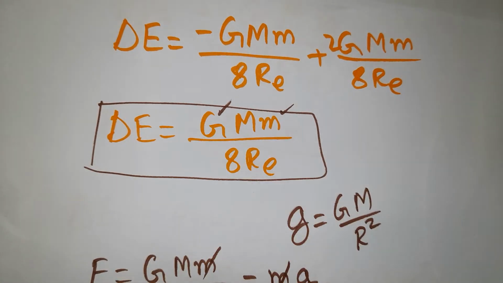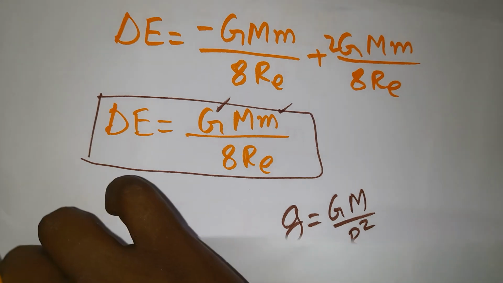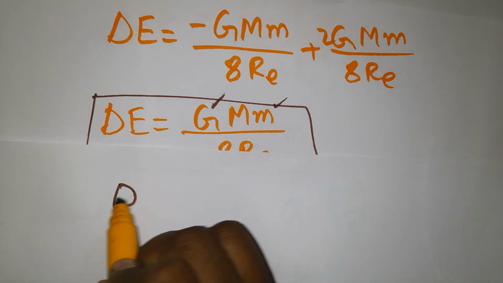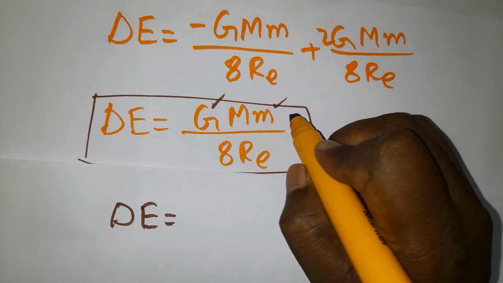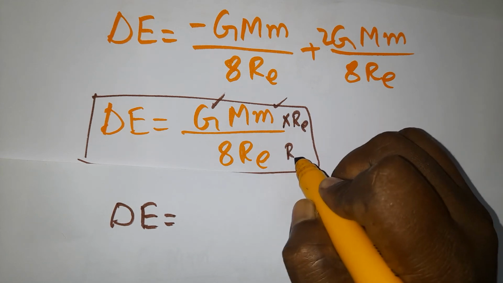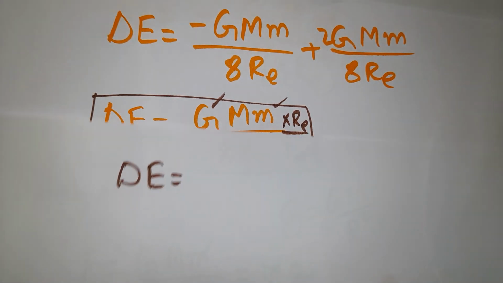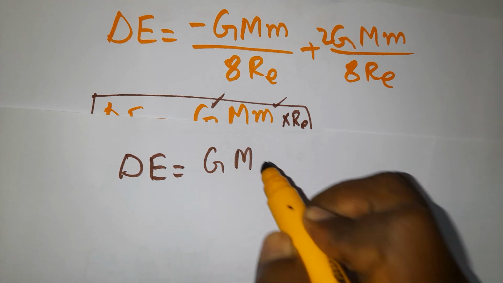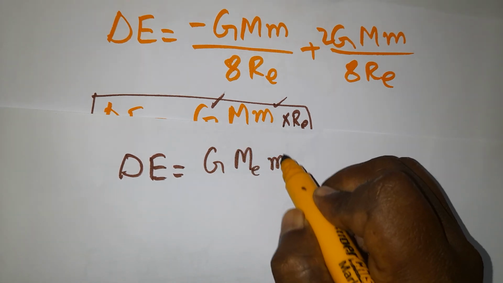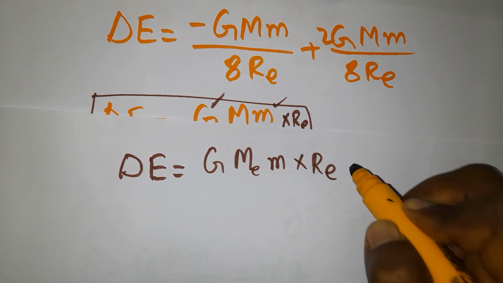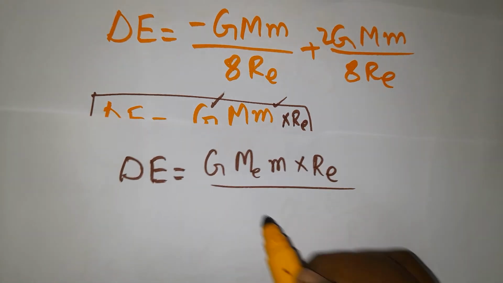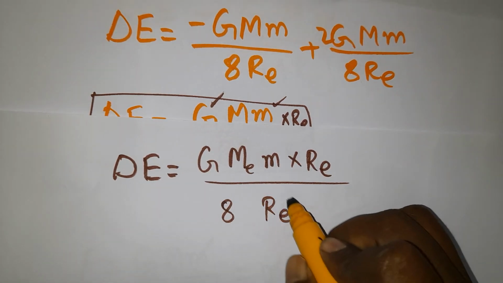Now I am going to relate this with small g. So the change in energy is equal to, I multiply the numerator and denominator by the radius of the earth: G times mass of the earth, mass of the satellite, into radius of the earth, divided by 8 times radius of the earth square.